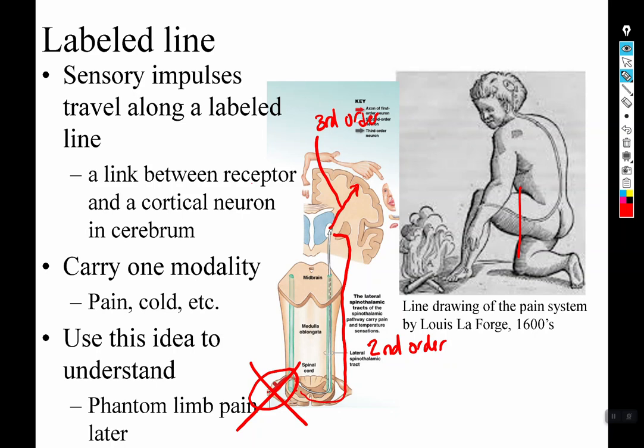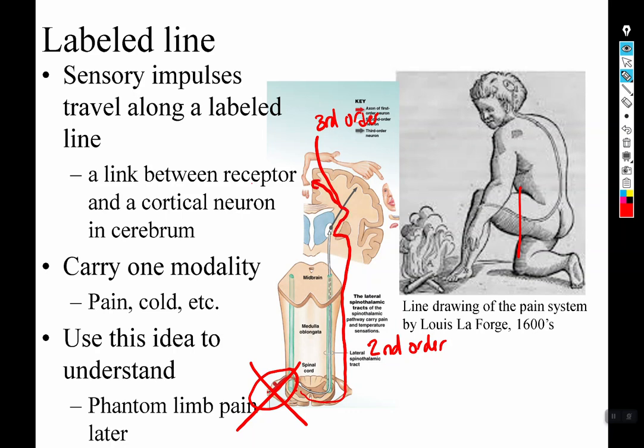It's just the first order sensory neuron that's gone. If this sensory line is stimulated by accident for some reason, it's still going to be directed to the appropriate cortical location. Let's do third order to foot.